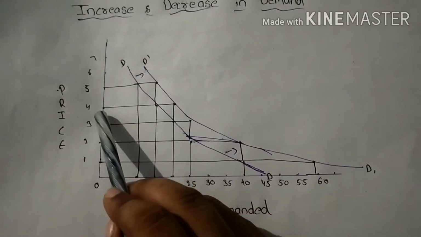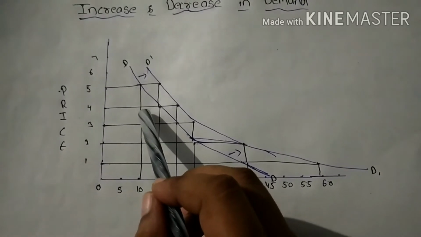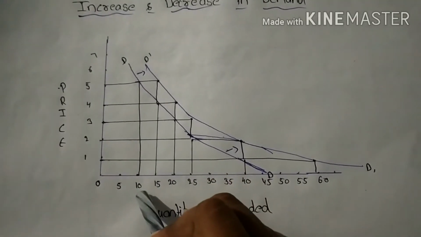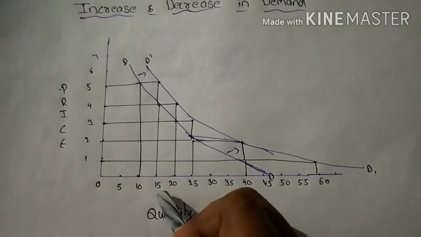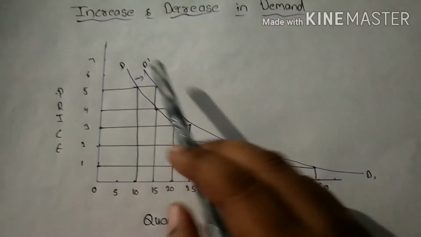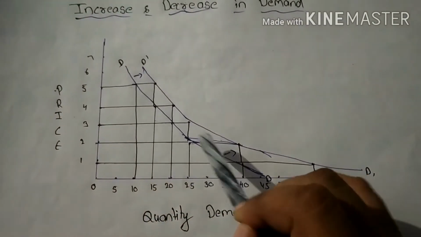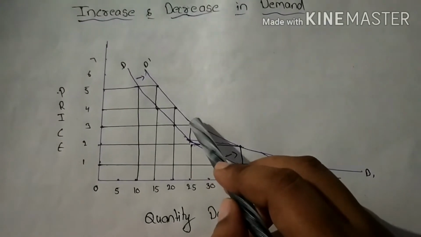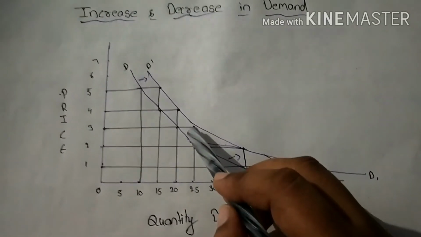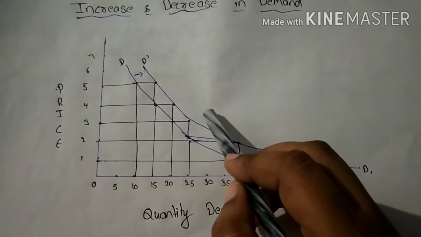Here the price is 4, but at 4,000 income he goes for 10 quantities and at 5,000 income he goes for 15 quantities. So the demand shifts towards the right. This shift leads to increase in demand.